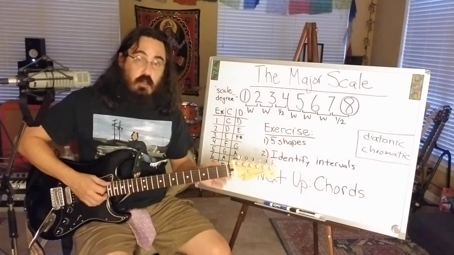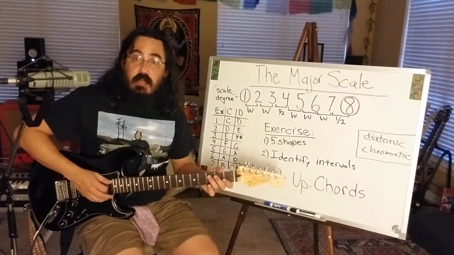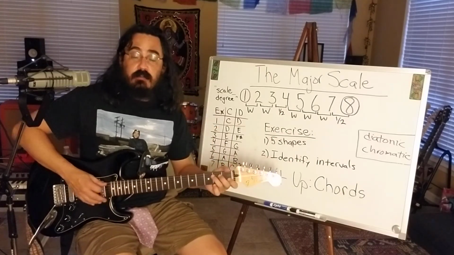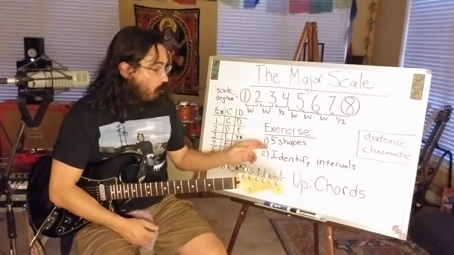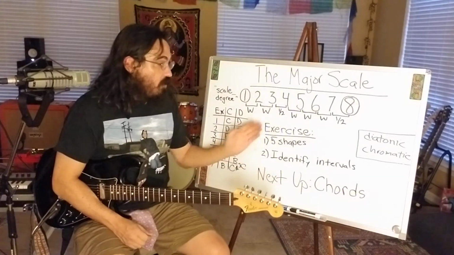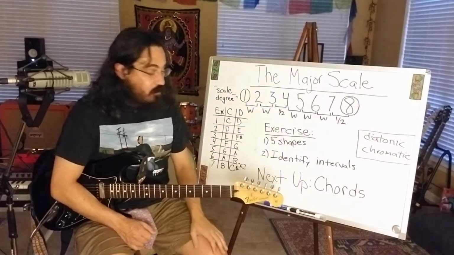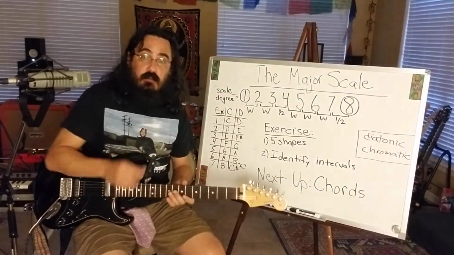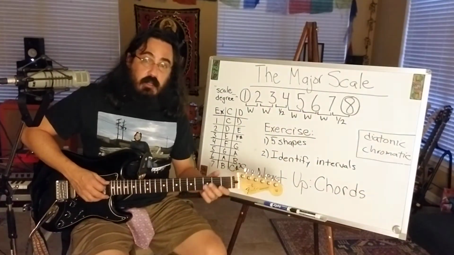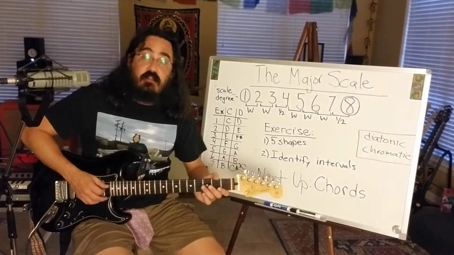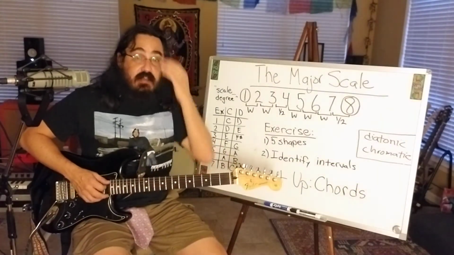Okay, so for this week, get that down and practice this one shape for now. The 4 shapes will come next episode. But if you can, try to do what we've been working on earlier. Try to identify the intervals between different notes.